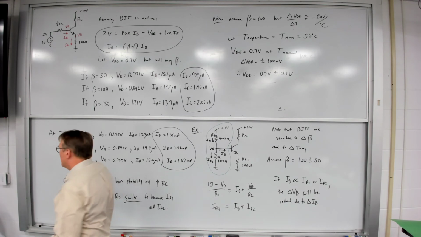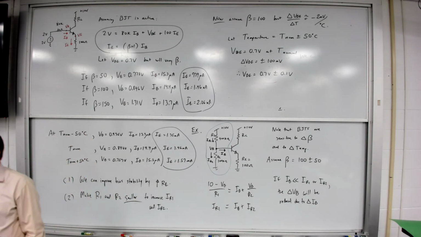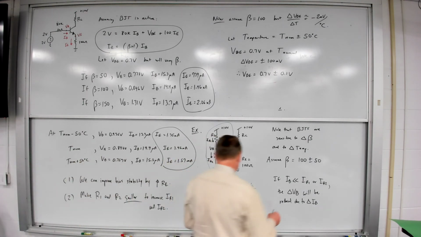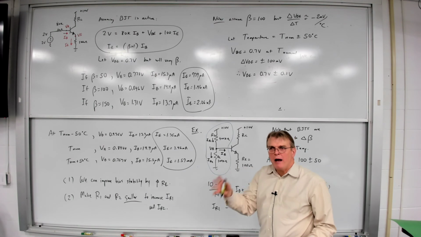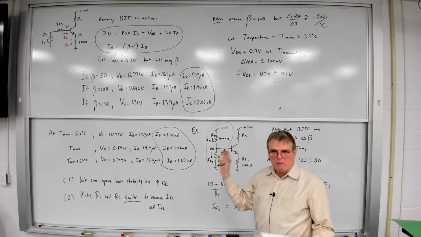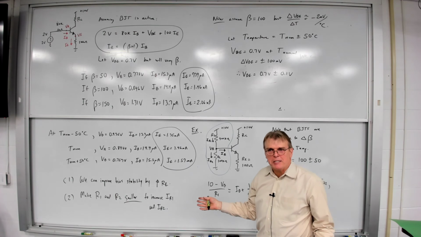Turns out that these are incorporated into something called a rule of thumb, okay? Let's incorporate these two techniques into two ideas that people will tell you are a good idea to use for BJT biasing.